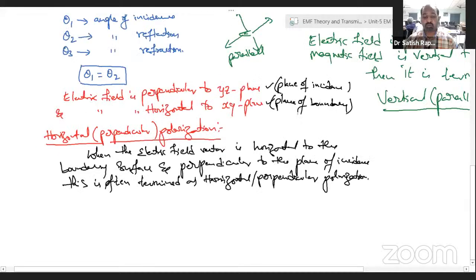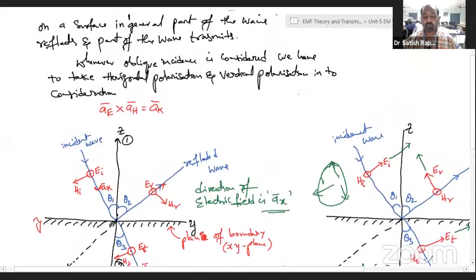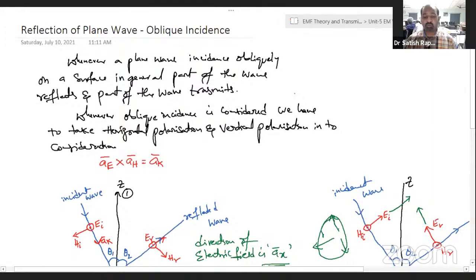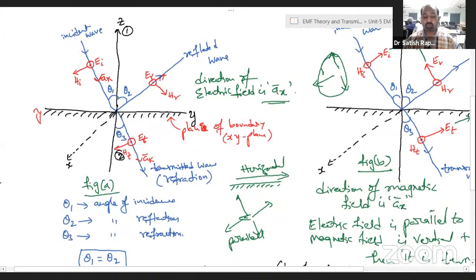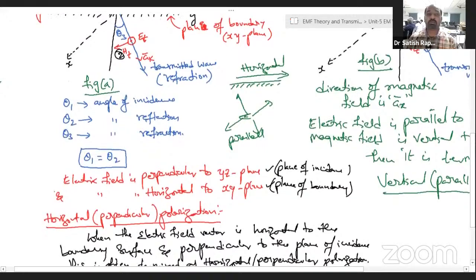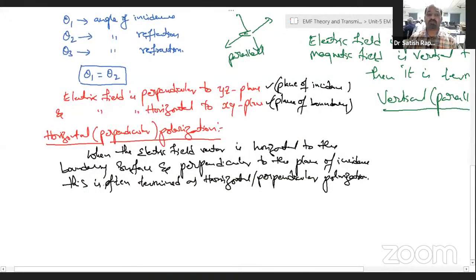And similarly, in this topic also, reflection of plane wave oblique incidence, we will derive the expressions for reflection coefficient and transmission coefficient. But here we will consider two cases.